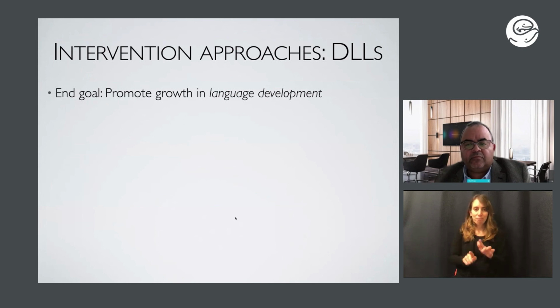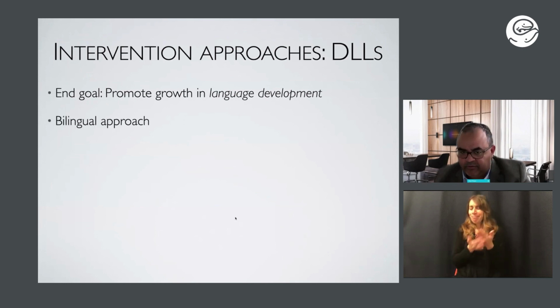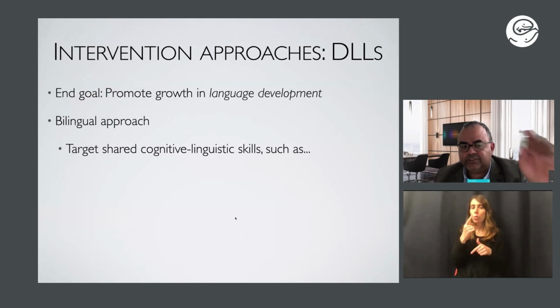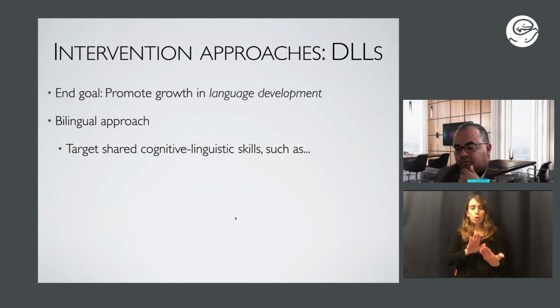Okay, so what's the end goal? You want to promote growth, right? One approach generally is to use a bilingual approach. In this therapy approach, you can provide therapy essentially in either language, in English or in another language.